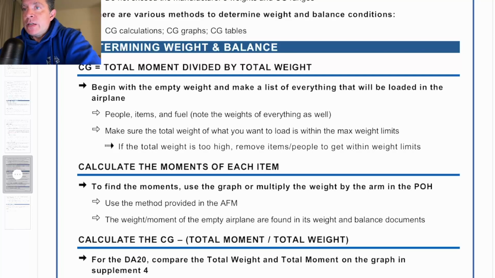Calculate the moment of each item. To find the moment, use the graph or multiply the weight by the arm in the POH. Use the method provided in the aircraft flight manual. The weight and moment of the empty airplane are found in its weight and balance documents.